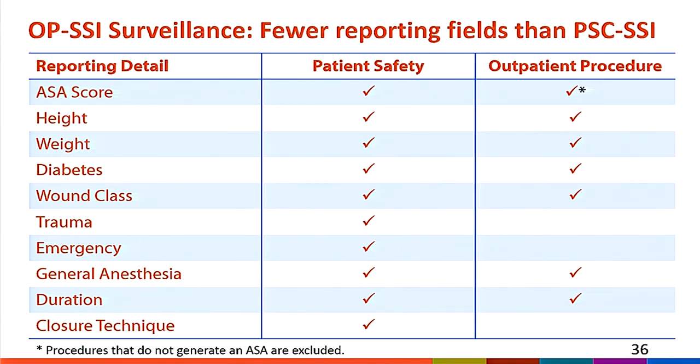And you can see this is a comparison of the patient safety and the outpatient procedure component, which variables are included. The procedures that do not generate an ASA score are excluded and should not be reported within the OPC.